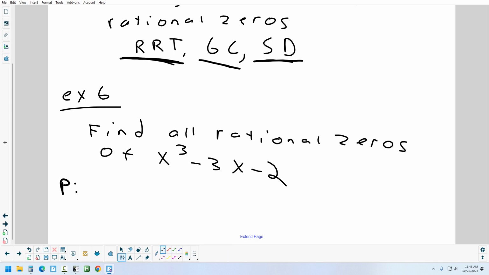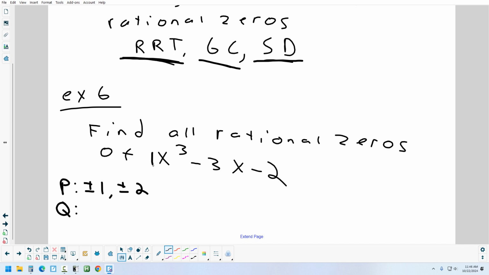What are all the factors of p? Well, let's just start at what is p in this problem? A 2. What are all the factors of 2? 2 and 1. Not that many. Not as many as the first problem. What's q in this case? 1.